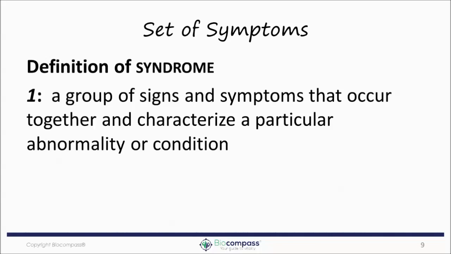So a group of signs and symptoms that occur together and characterize a particular abnormality or condition. Even though this is one of the official definitions, they don't actually have to occur together. Even if they only sometimes occur together, they are still called a syndrome.